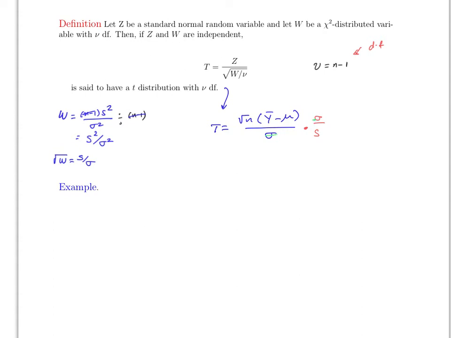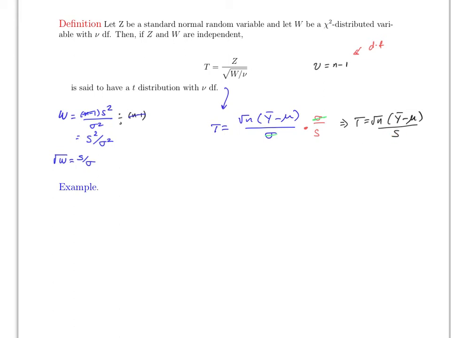Notice the sigmas cancel, and you end up with T equals the square root of n times (y bar minus mu) over s. Notice the similarity between this and Z. You're essentially just replacing the standard deviation with the sample standard deviation.